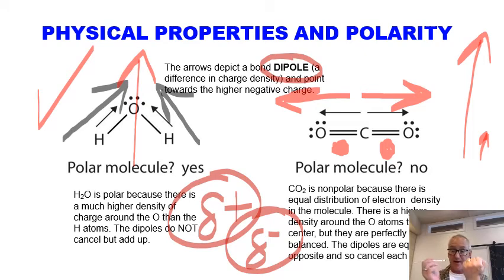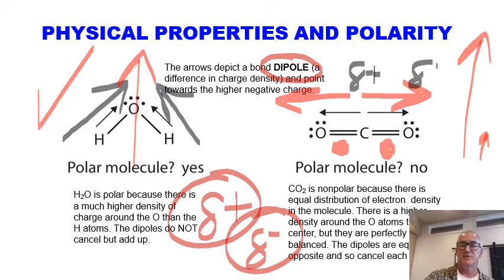So each of those arrows is equal and exactly the opposite. So when I add them together, they cancel. And so CO2 is nonpolar, even though the middle is slightly positive and the outsides are slightly negative. It's completely symmetric. And if it's completely symmetric, it's nonpolar. Okay, we'll talk more about this in class.